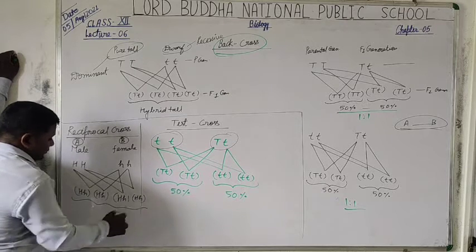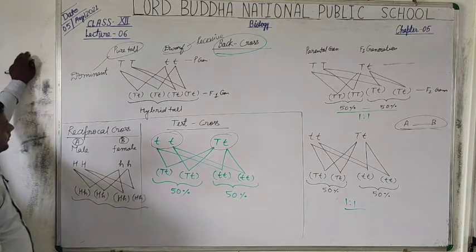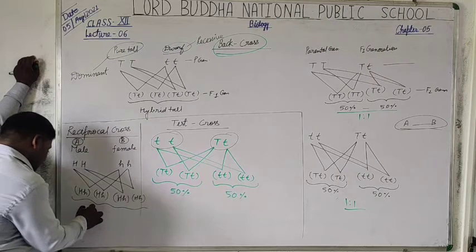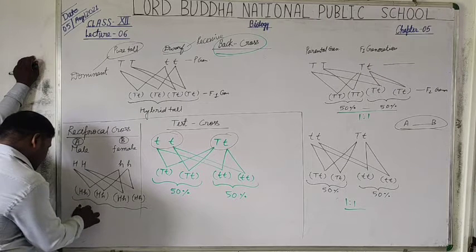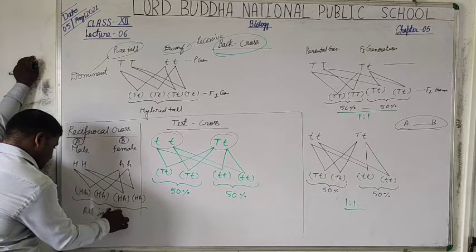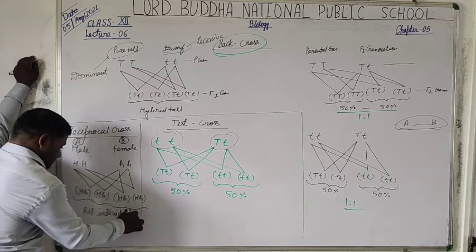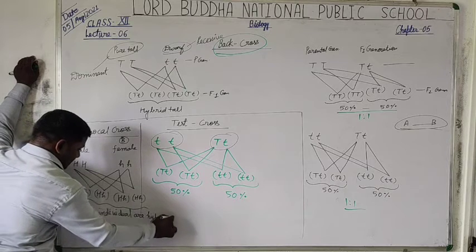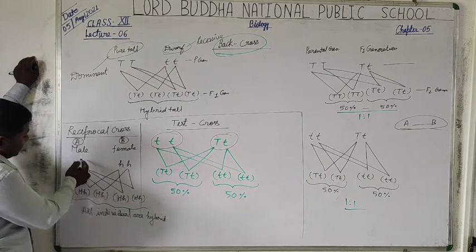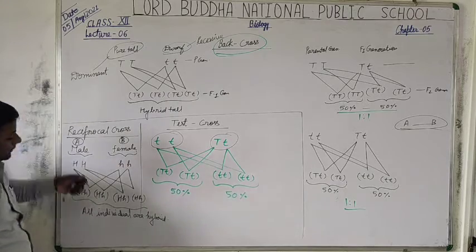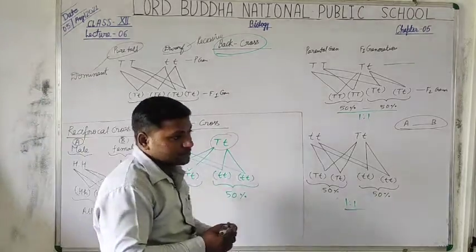It means all the individuals are hybrid, similar to the monohybrid cross, and here the characters of both male and female are carried with their chromosomes.